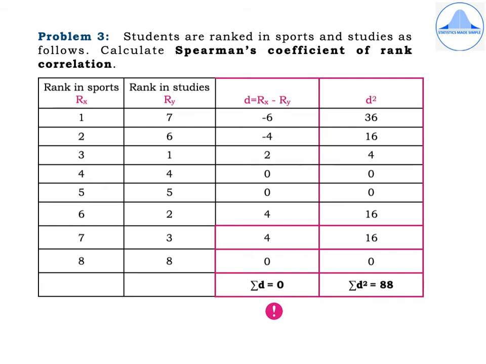The D values are minus 6, minus 4, 2, 0, 0, 4, 4, 0 and summation D is equal to 0, which is the important step to check. D square values are 36, 16, 4, 0, 0, 16, 16, 0. Summation D square is equal to 88.